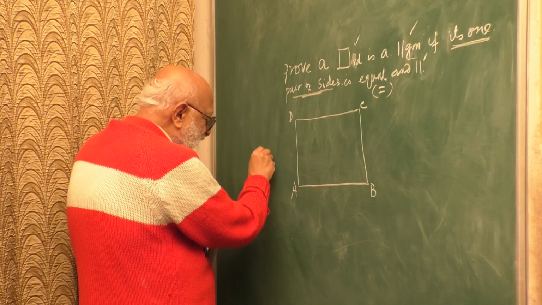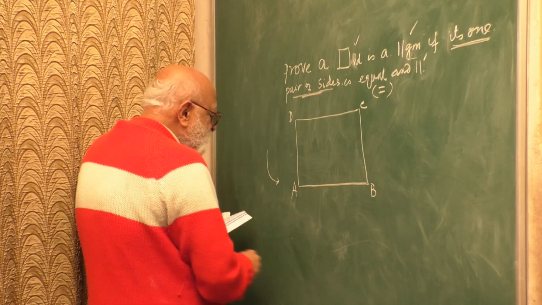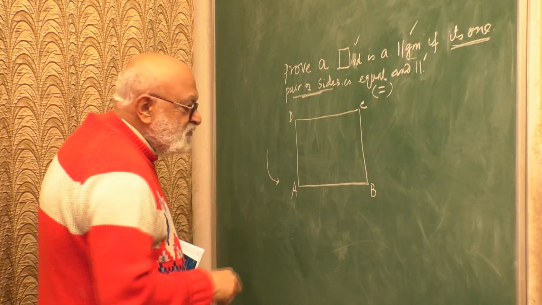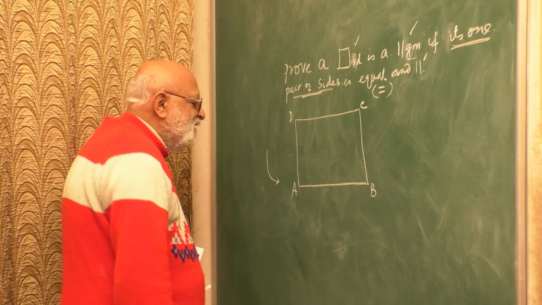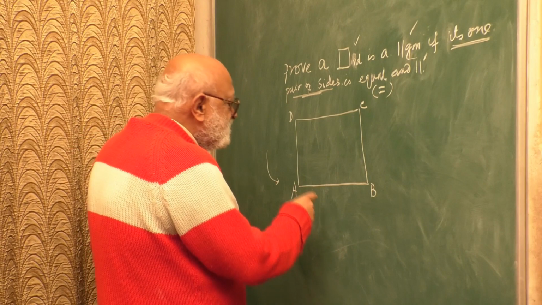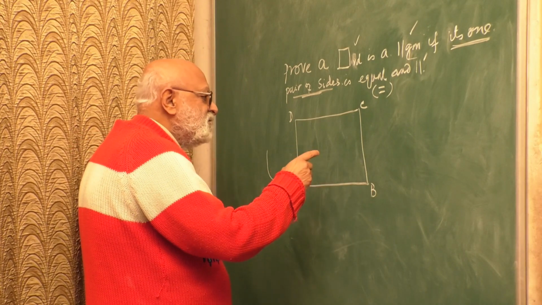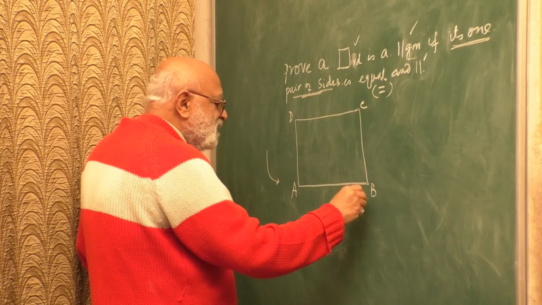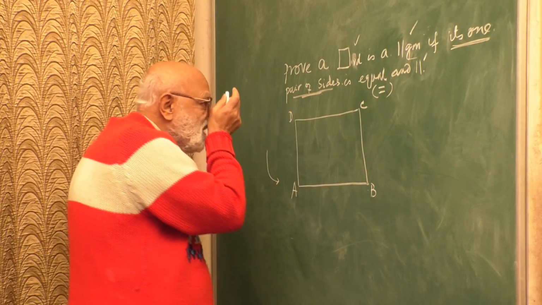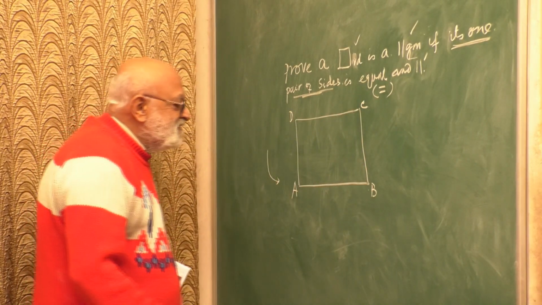If you are going around like this, in the anti-clockwise direction, then you can do this. But don't write A here, B here, C here, in a random order. Don't do that.